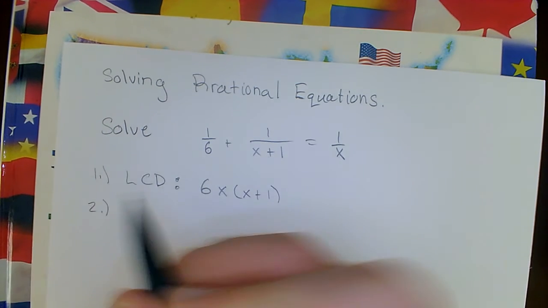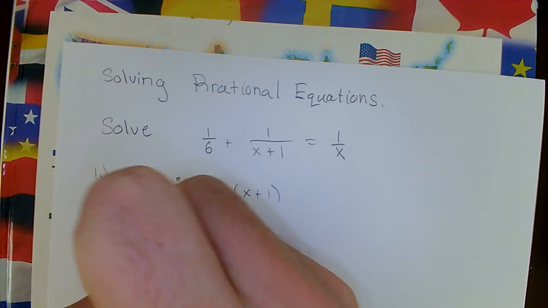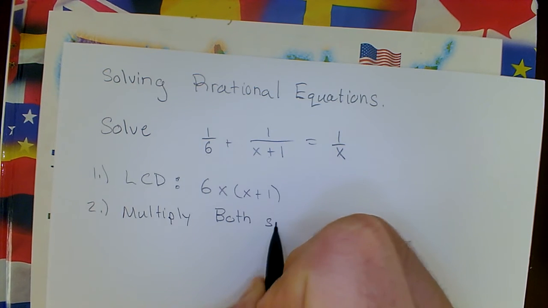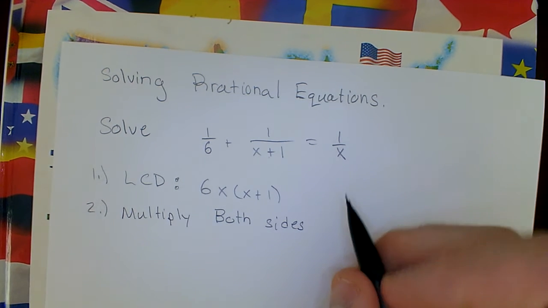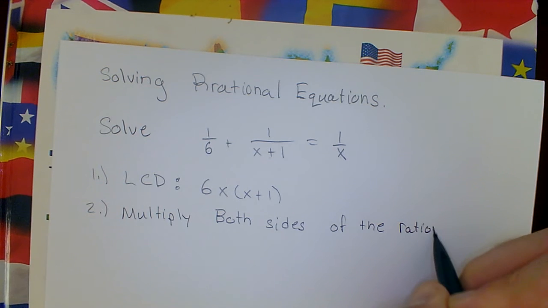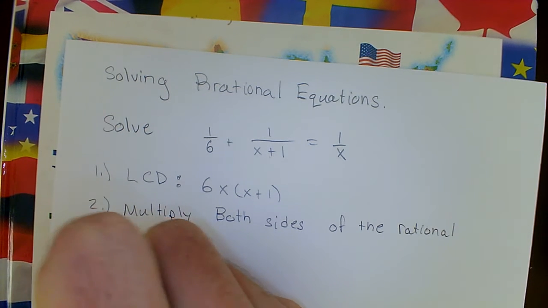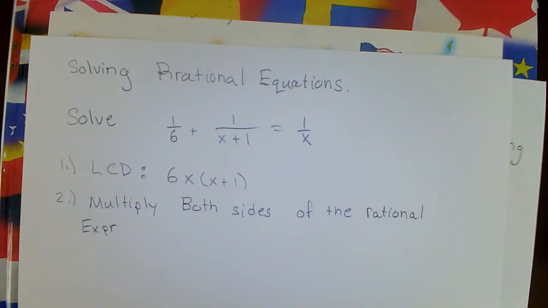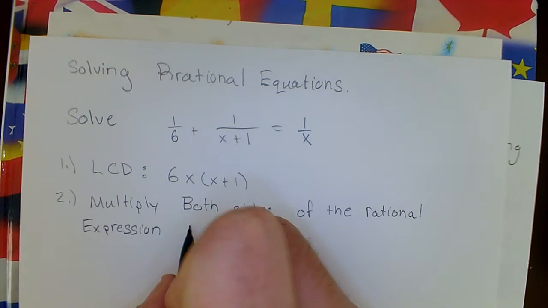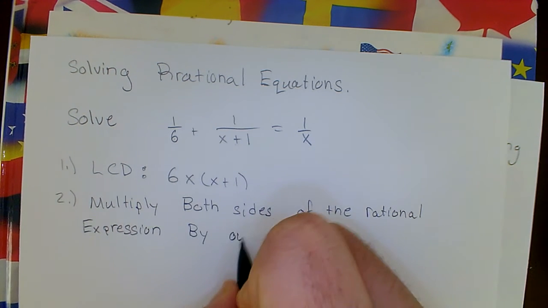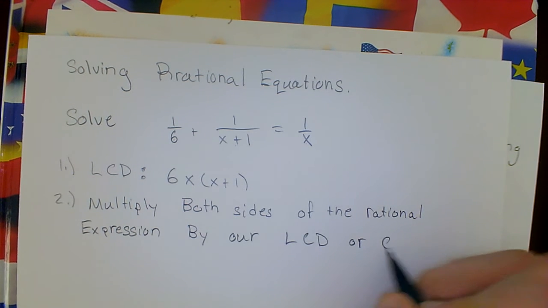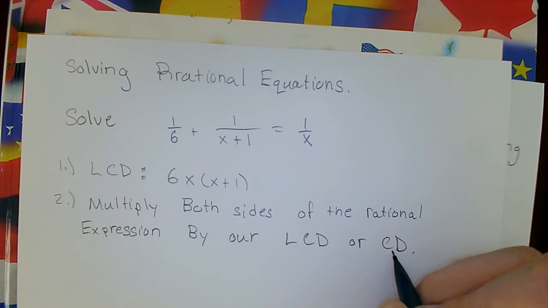The second step is to multiply both sides of the rational equation by our least common denominator.